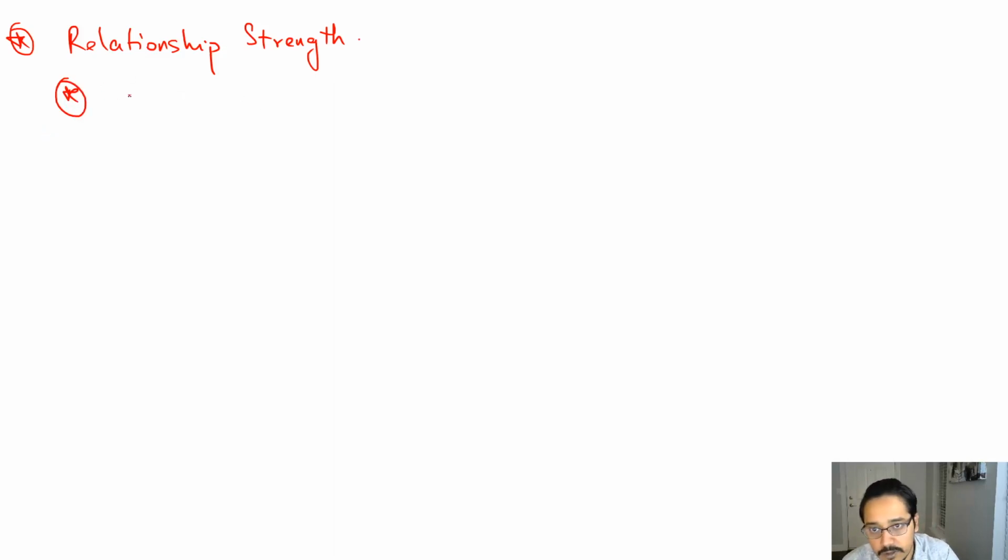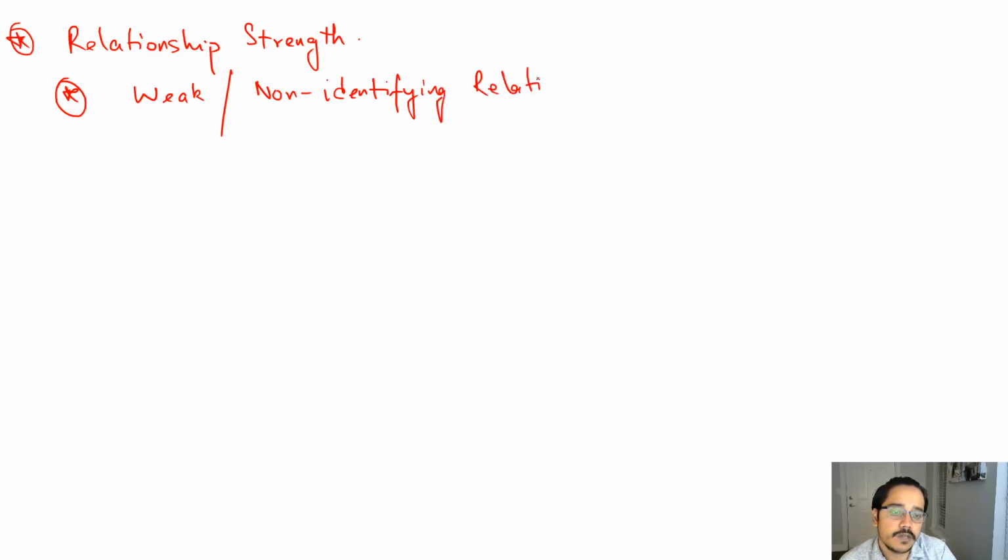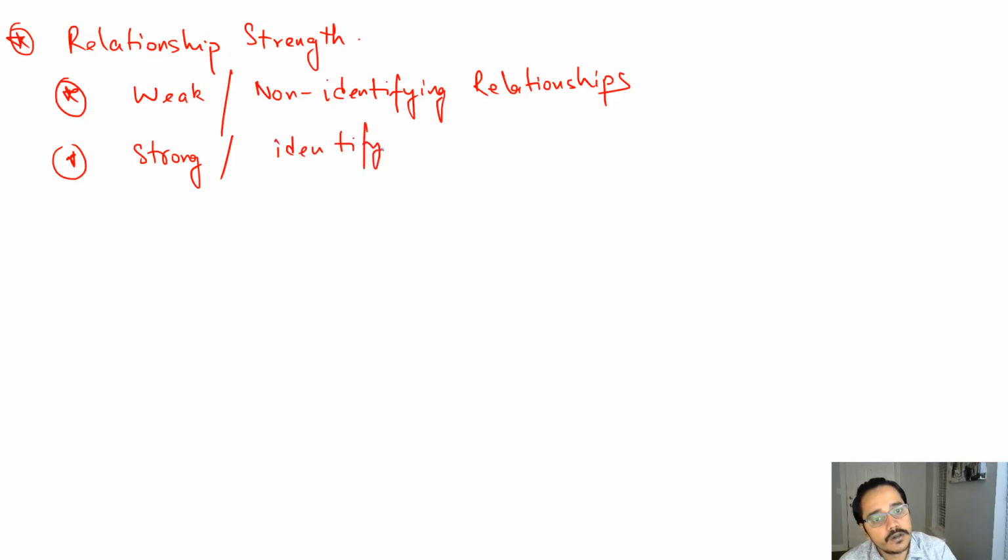One is weak or non-identifying relationships, and the second one is exactly the opposite, which is strong or identifying relationships. Okay, so let's take the first one, which is the non-identifying relationships.